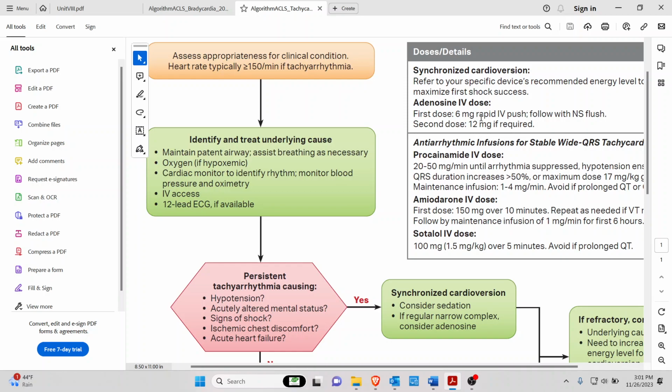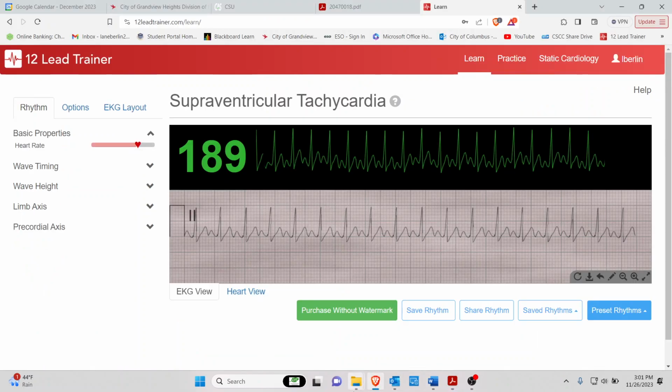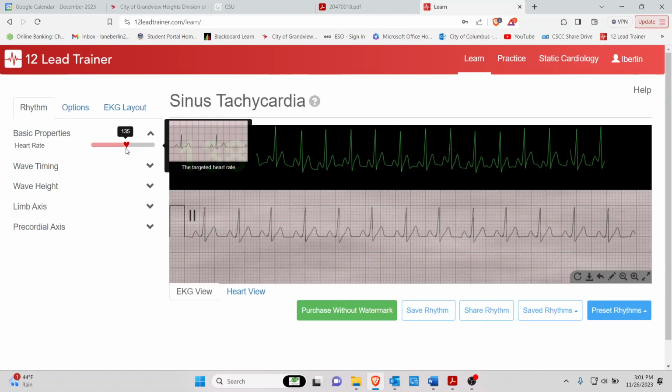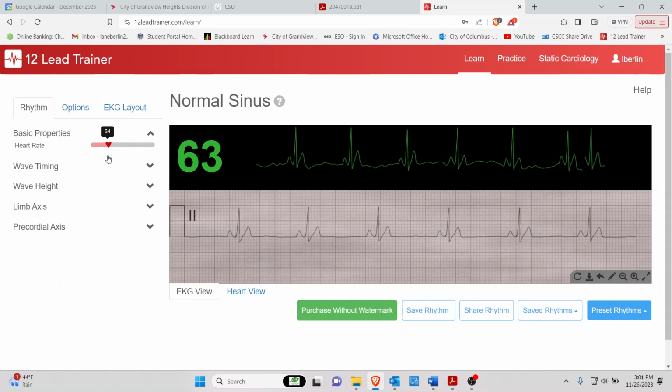As far as ACLS goes, initial dose 6 milligrams, followed by a rapid flush, then open your bag wide open, and then watch your monitor. As your rhythm slows, and we'll take a look at what that's going to look like, come back to our 12 lead trainer. If you look at this EKG tracing up here, you're going to see it get slower, slower, slower.